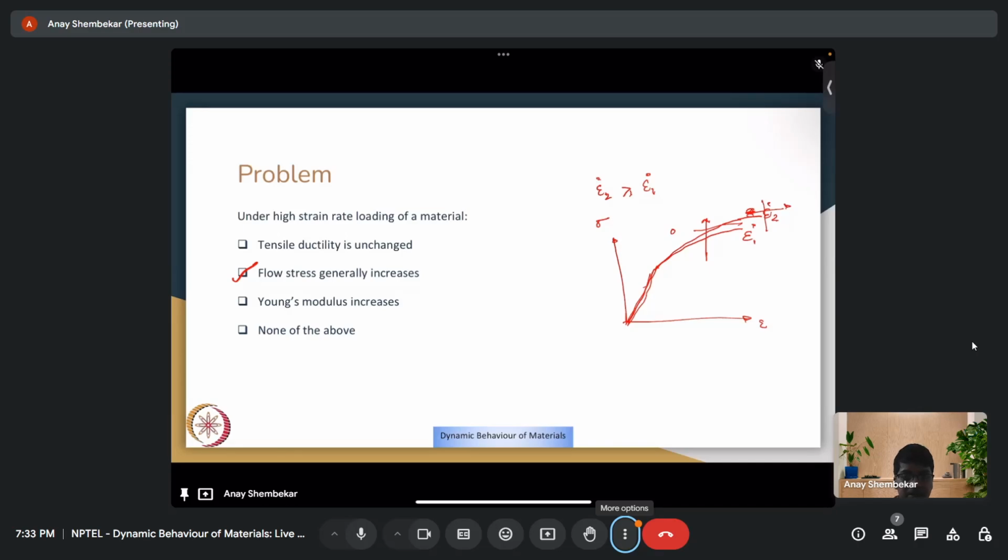But after observing this curve, as we increase the loading, the tangent modulus value just seems to decrease. Okay, let me get back to you on that. I think I'll also check on it.